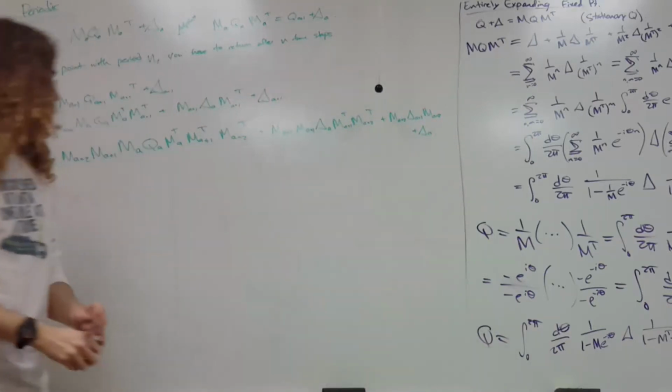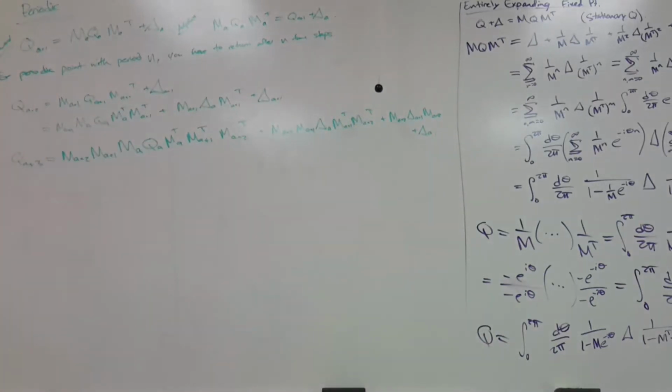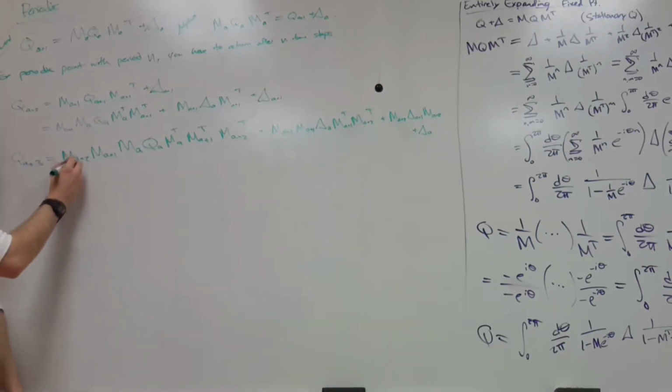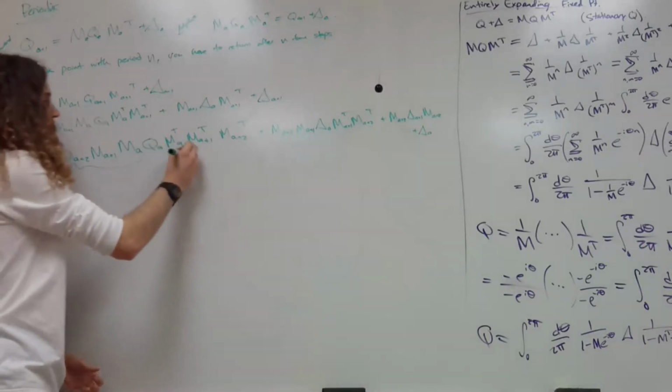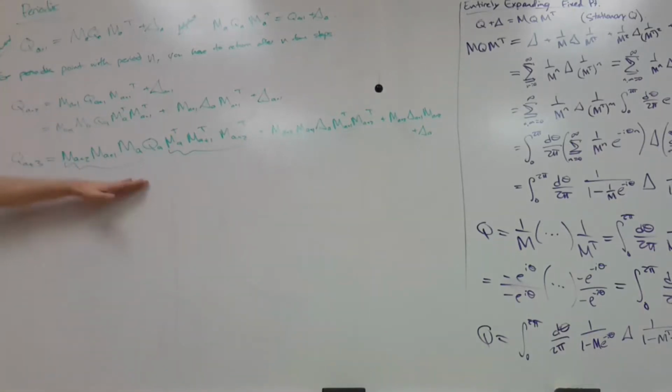Okay, so there's a couple things that it's important to notice. First off, we're building up the entire Jacobian for the periodic point here, right? Those are just the Jacobian and its transpose for the entire periodic point, just the product of the one time step Jacobians along the way.